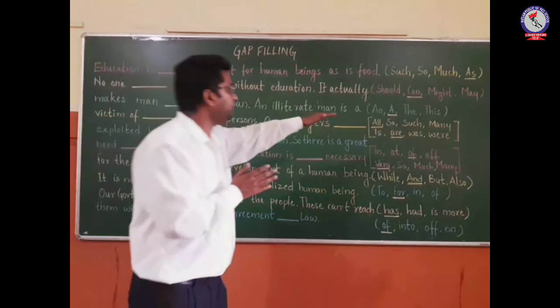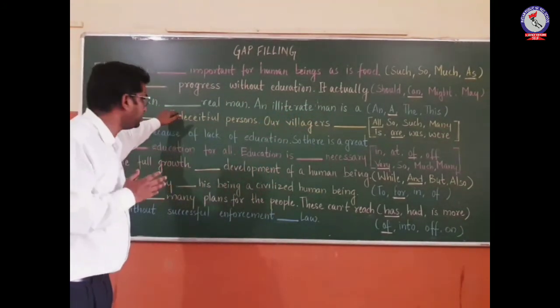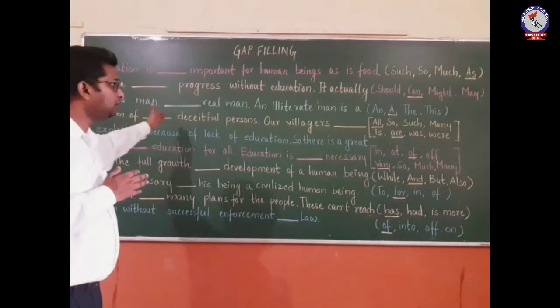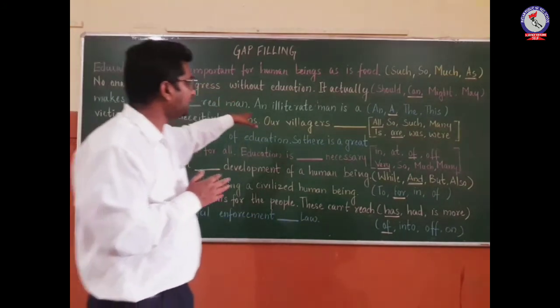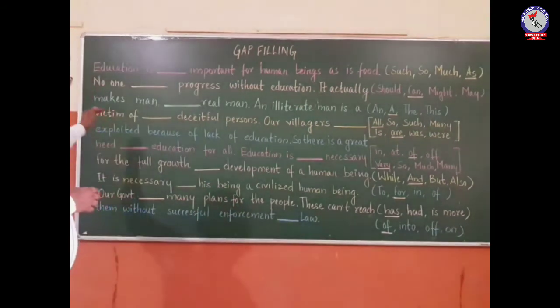So a will be employed in this gap, in this given space. So it makes man a real man, and illiterate man is a victim of.